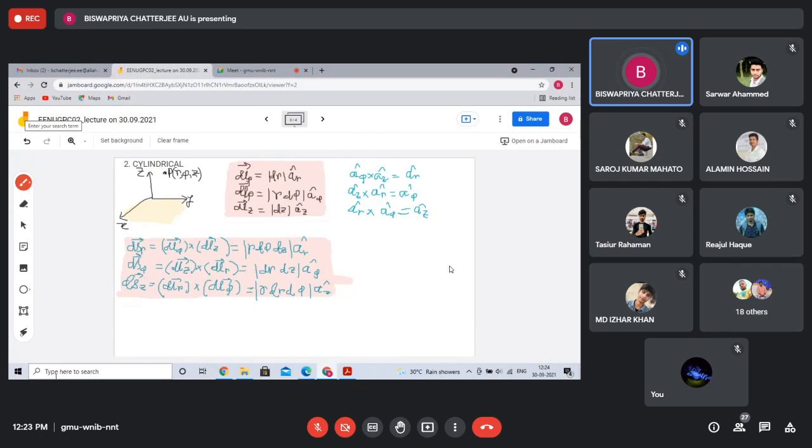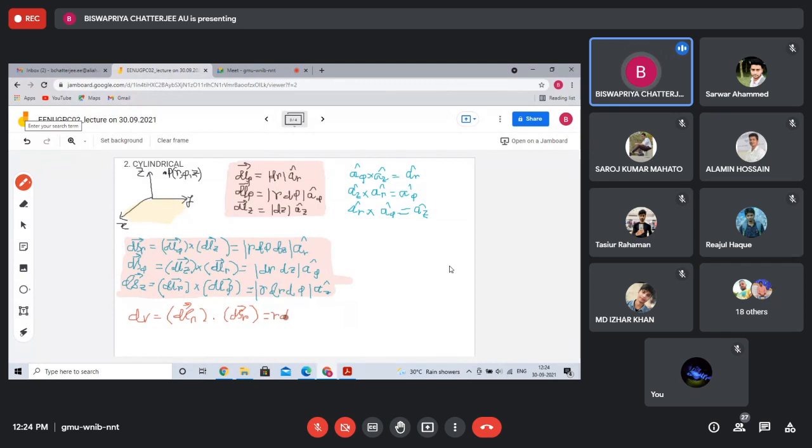So now what is dV then? Like the same way, if you do dlr, it should be dot product with dsr. So the magnitude wise, it should be r dr d phi dz.